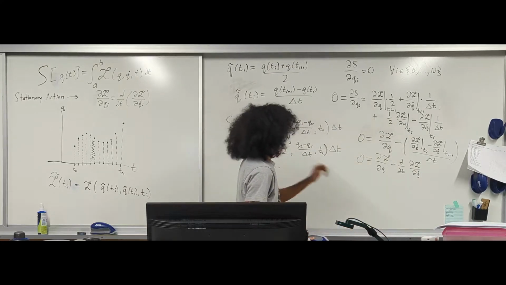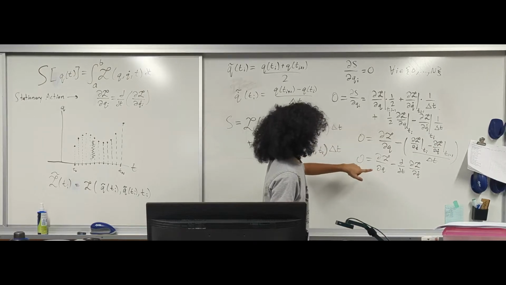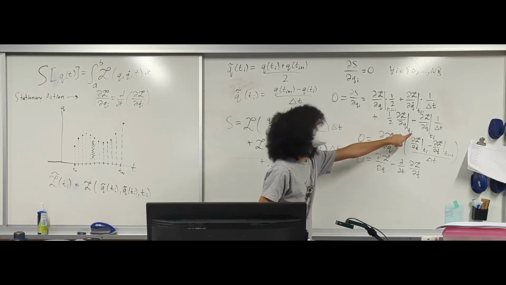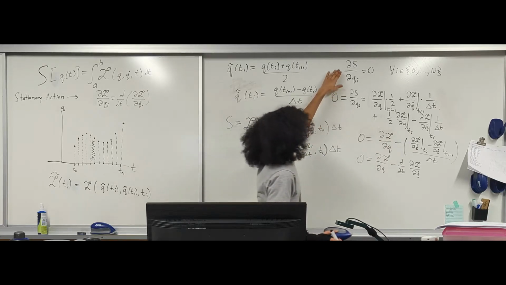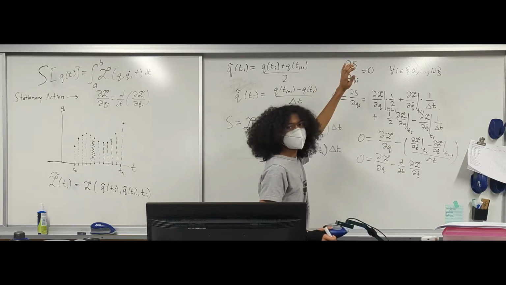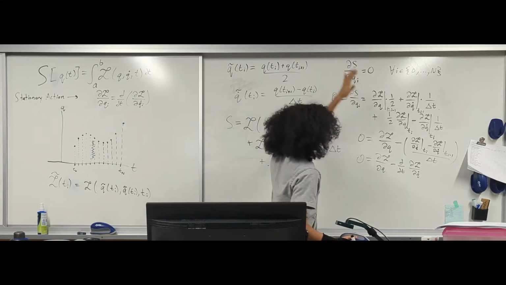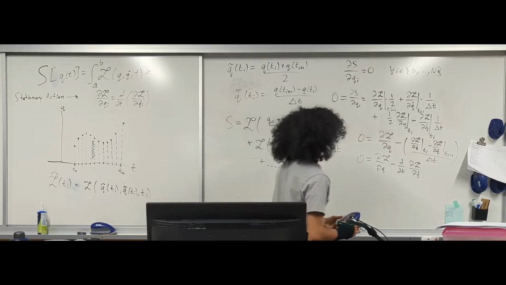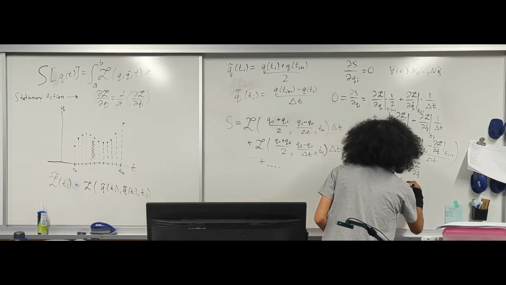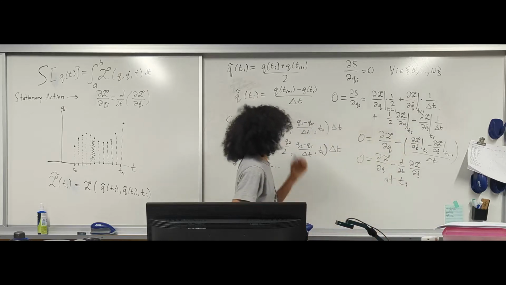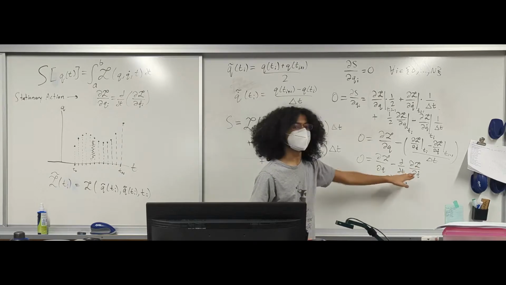Okay? So these equations are true at t i. Overall, the condition that the action is stationary with respect to variations of qi implied this equation at t i. And by the way, this is the Euler-Lagrange equation.